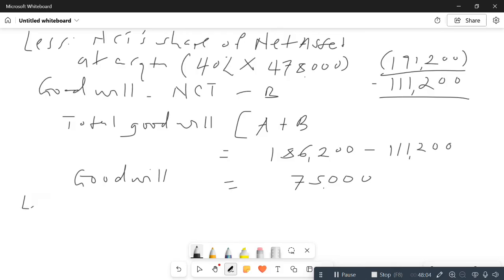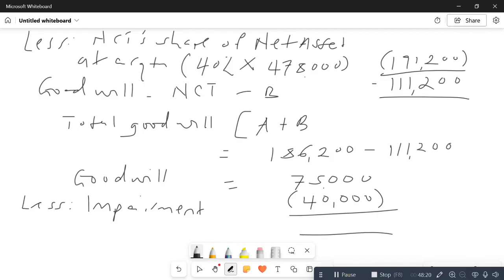The impairment at this step was 40 million, meaning the remaining goodwill is 135,000.